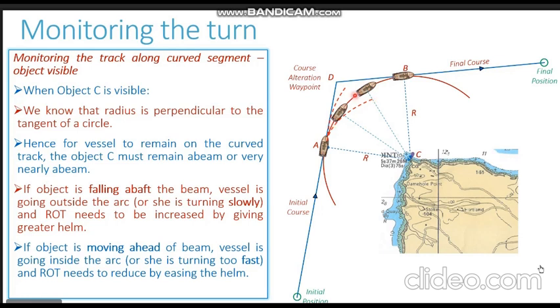Ensure that the lighthouse remains abeam till the time you reach your final course, that is Point Bravo. After Point Bravo, the curved path is completed and the vessel starts to move on the final course on a straight line track. That covers execution as well as monitoring of the turn when we have a visible object available at the center of our turn.